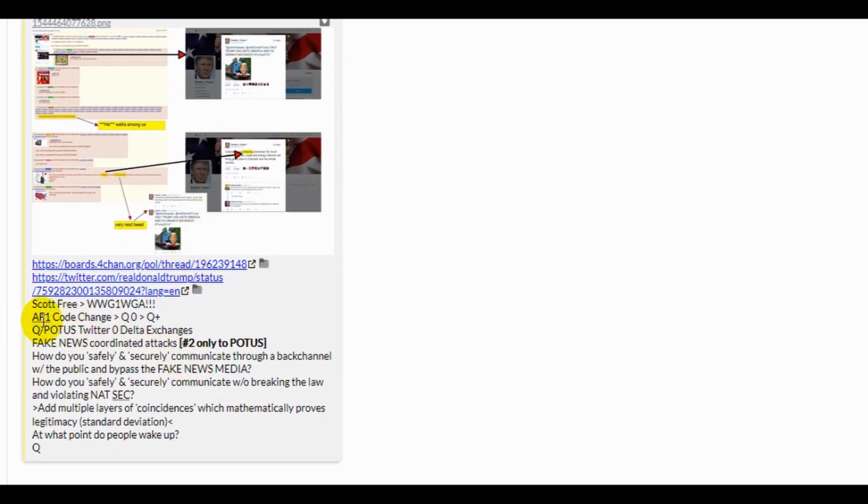You have AF1 code change leads to Q naught leads to Q plus. This furthered the notion in the minds of many anons, as well as the numerous time code proofs, that Q plus is supposed to represent President Trump, because President Trump is associated with AF1, which is Air Force One.